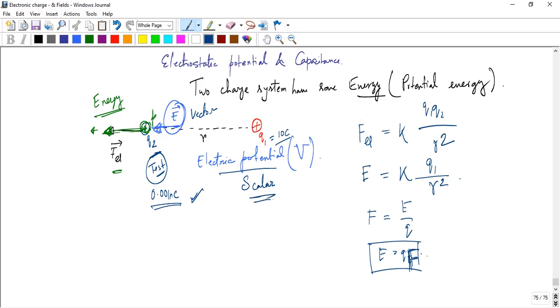So there is some potential associated with the two charge system.